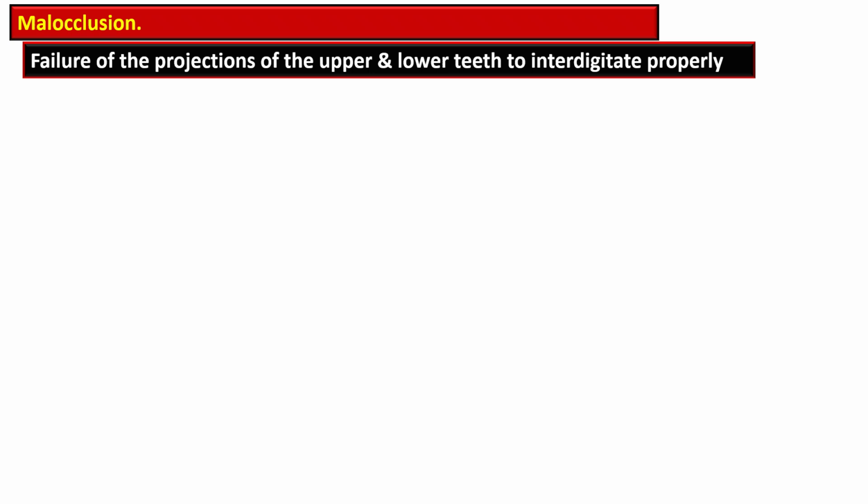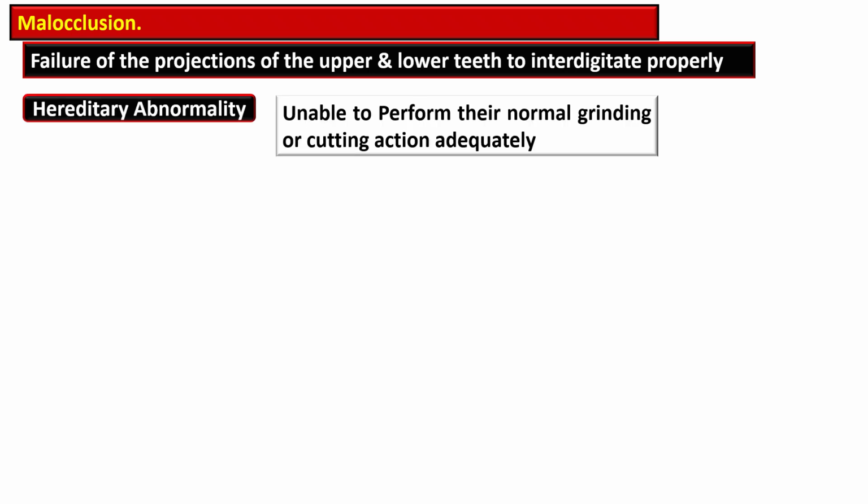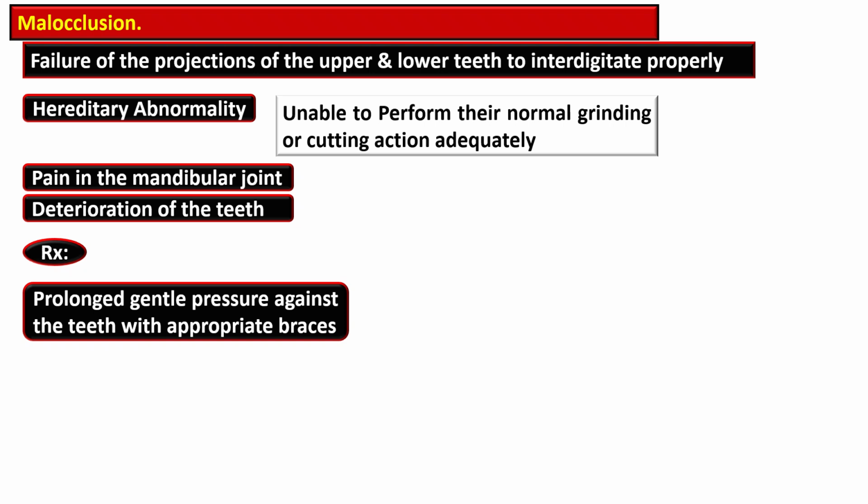Another abnormality of the teeth is malocclusion. This is the misalignment of the teeth due to hereditary abnormality or jaw displacement that results in improper interdigitation that will lead to insufficient grinding or cutting action.